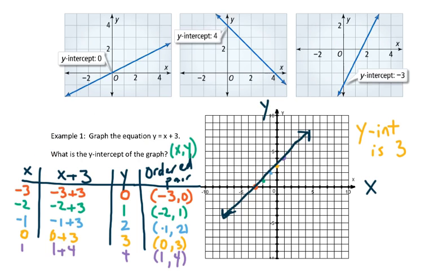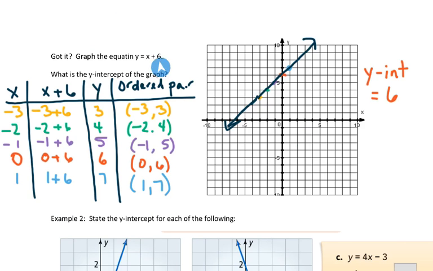If we take a look at the previous example, the y-intercept was 3, and the equation is y equals x plus 3. So you should notice that plus 3 is the y-intercept here, and the plus 6 is the y-intercept here. Now, why I'm saying the plus sign is important.